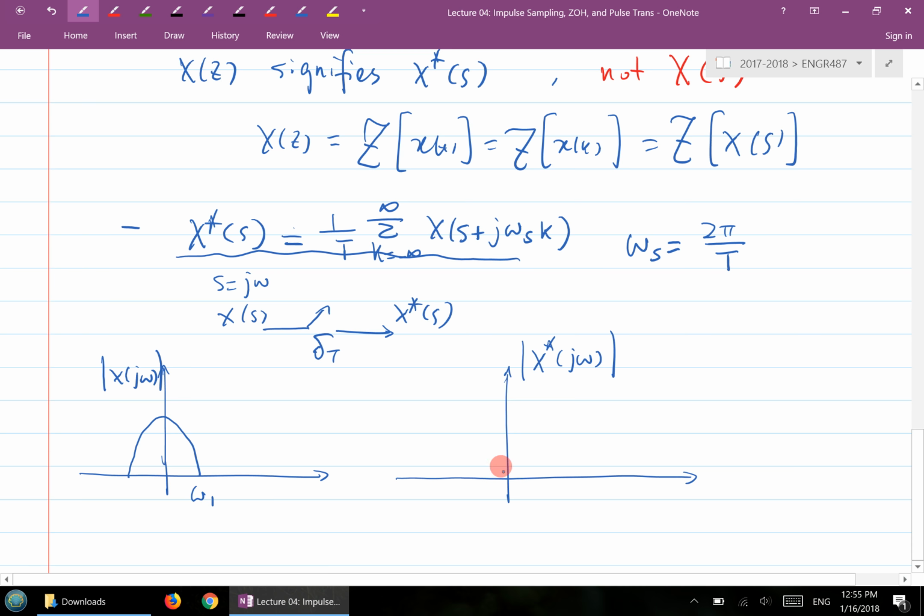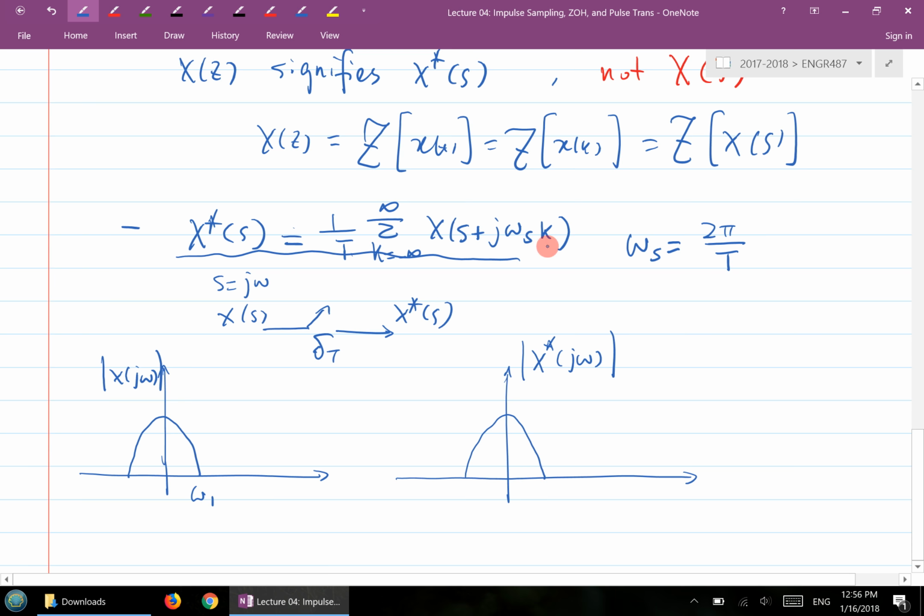Then when k equals 0, here is your x of j omega divided by capital T. So literally the magnitude should be lower now, or higher, depending on the value of T. But at k equal to 0, you have this guy here.